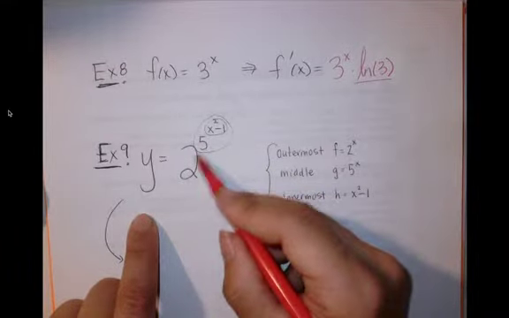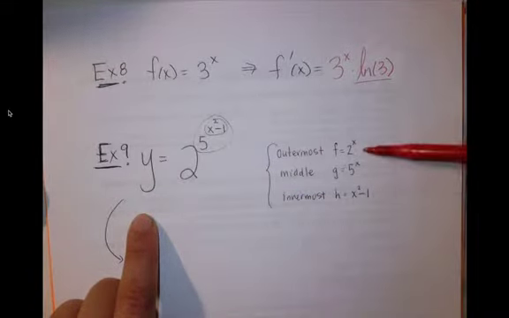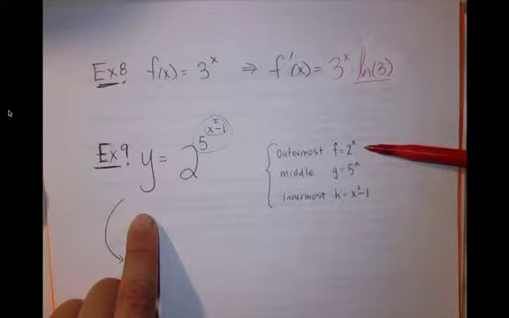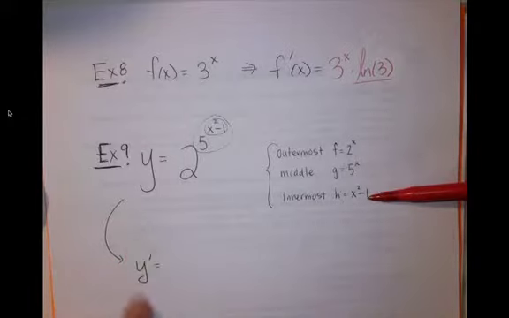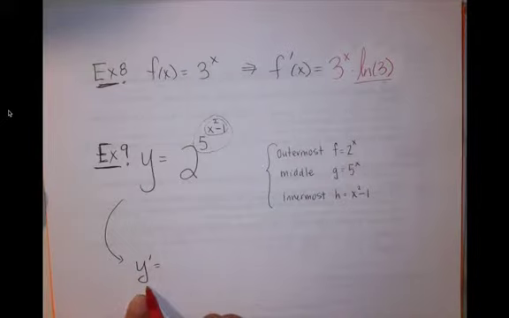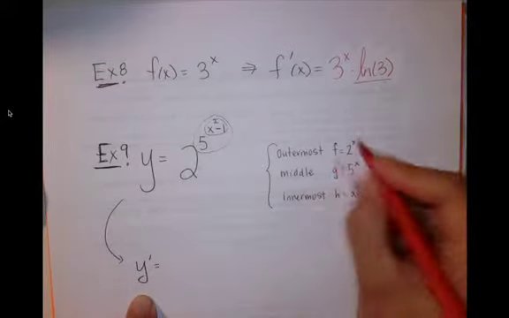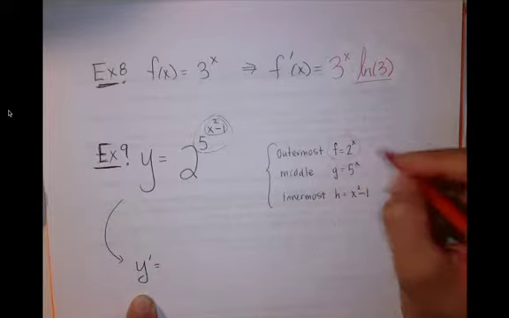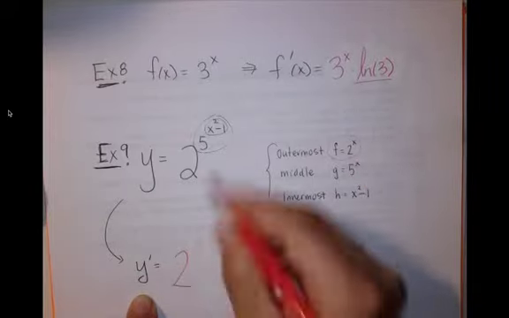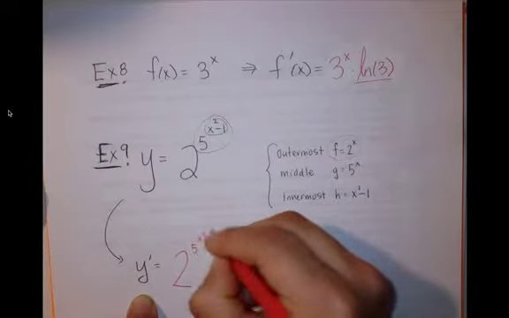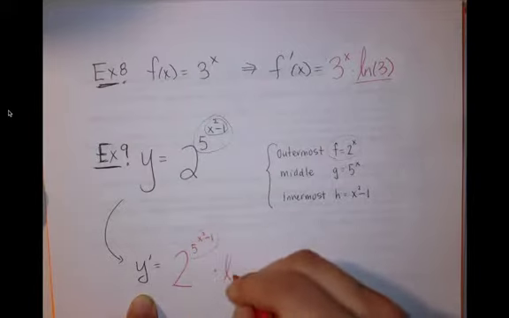Here we have another example. We've got multiple compositions. My outermost function is 2 to the x, the middle is 5 to the x, and the innermost is x squared minus 1. So I'm just going to start with the outermost function and use the chain rule twice. In this case, y prime is equal to, well, I know that the derivative of the outer function is 2 to the x ln 2, but I need to plug in my inside function, which is this complicated thing, times ln 2.